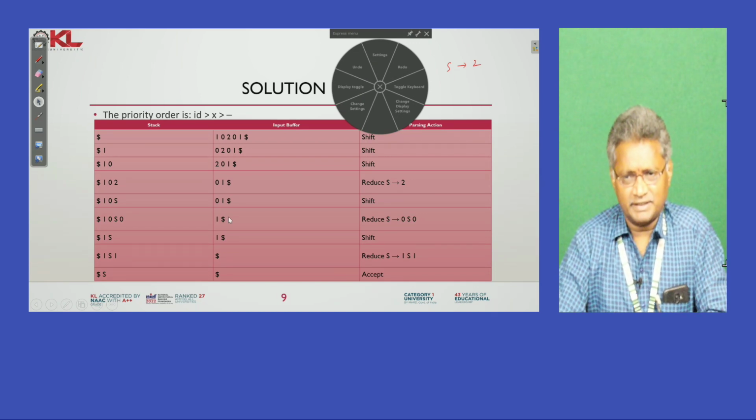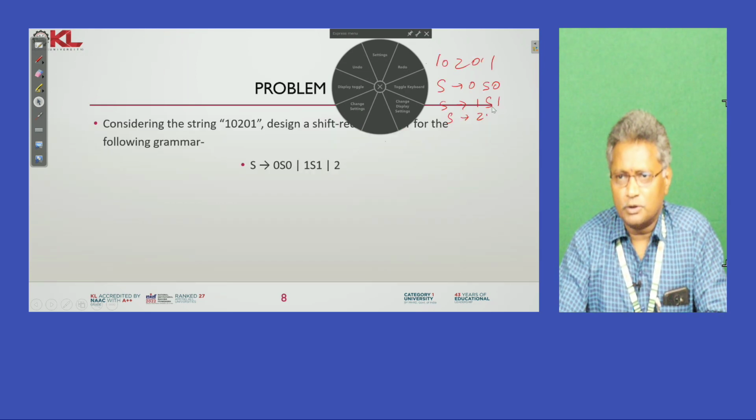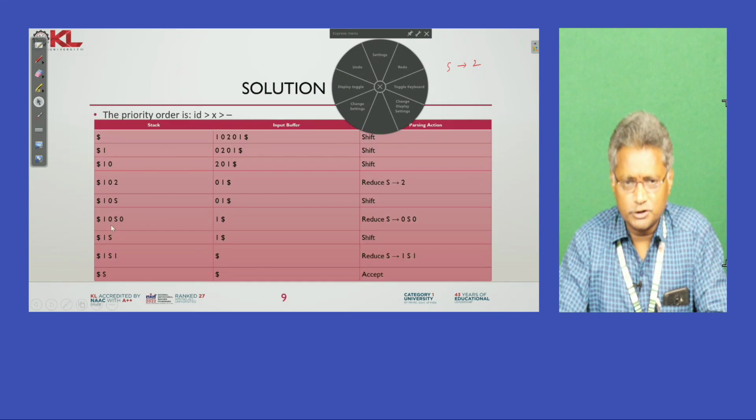Then we reduce the handle. Here 0 S 0 is the handle, which is replaced using the production S derives 0 S 0.